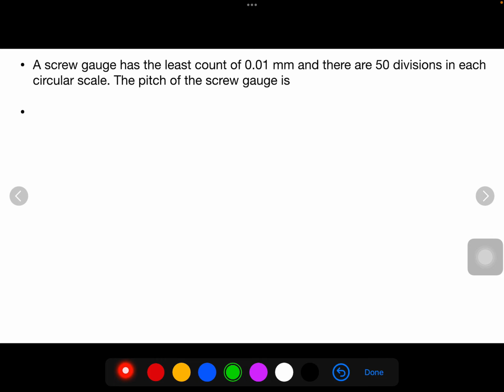So the first question is like this: a screw gauge has the least count of 0.01 millimeters. So you can write the least count LC is equal to 0.01 millimeter, and there are 50 divisions in each circular scale.